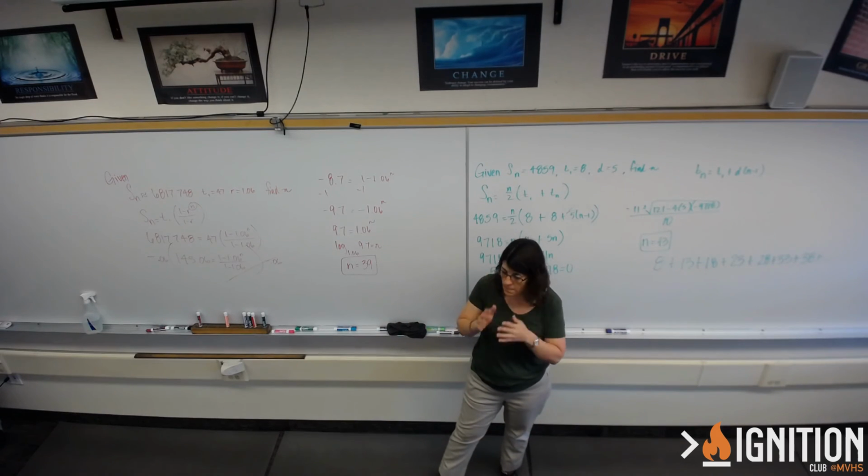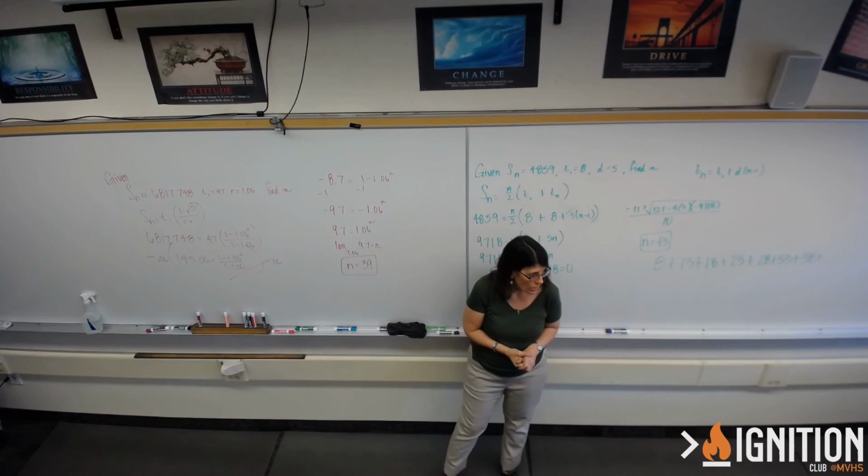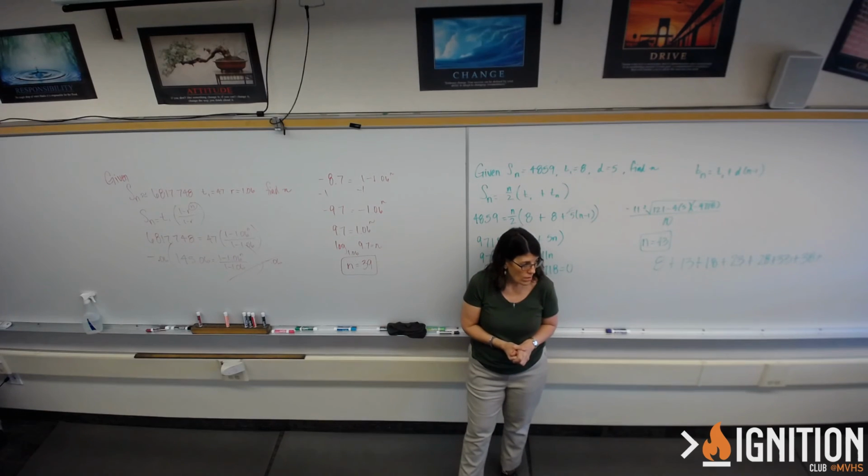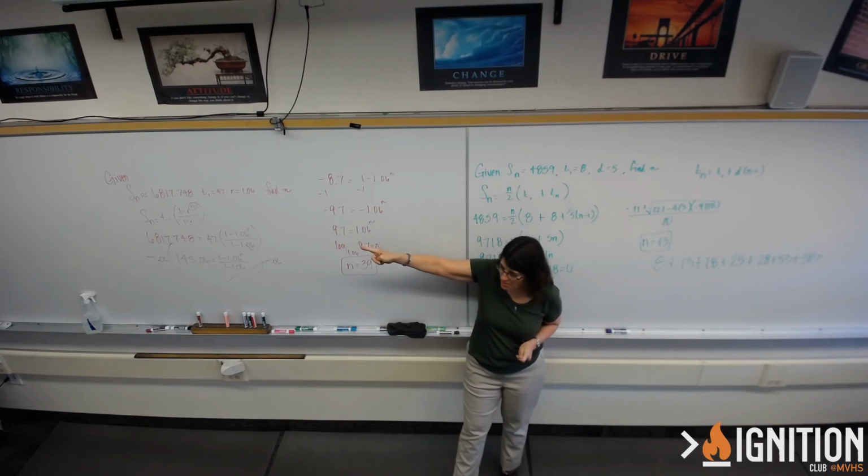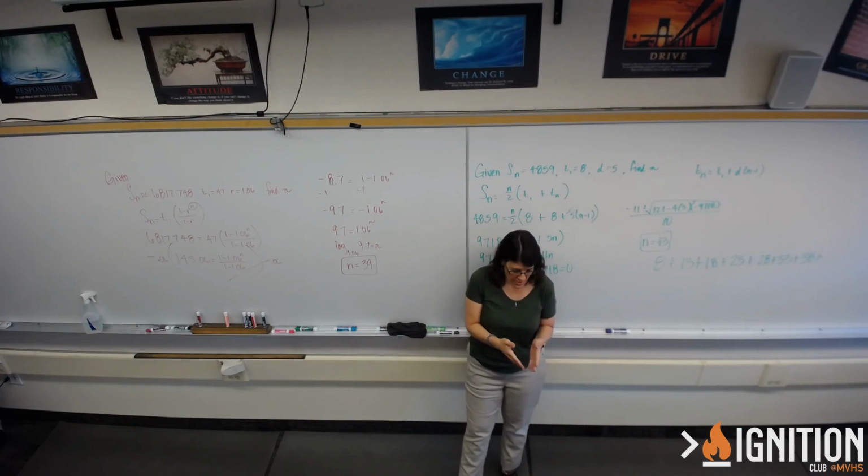You started with a rounded number, so your answer is 39.00000, whatever. For all intents and purposes, that's 39. It's the 39th term. It is not approximately the 39th term. It is the 39th term.